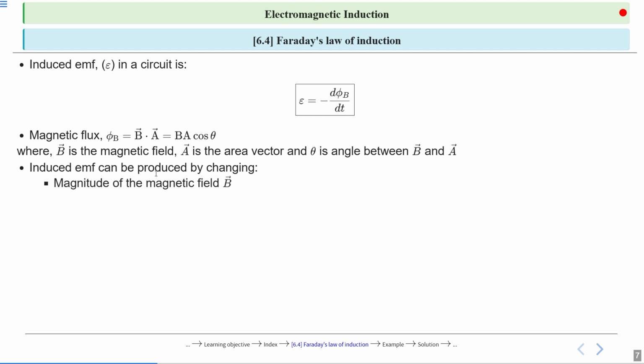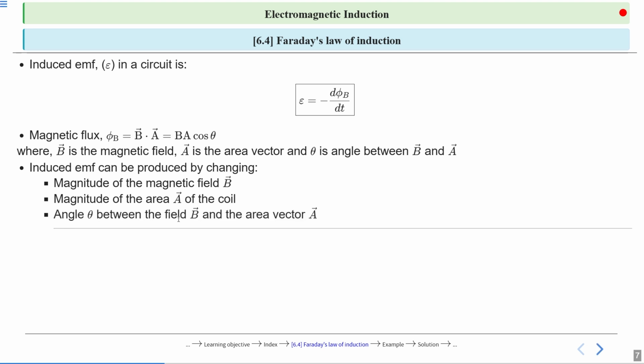So induced EMF can be produced by changing the magnitude of magnetic field B, or the magnitude of area A vector of the coil, or the angle theta between the field B vector and area vector A. This angle theta changing means changing the orientation. So this is the principle of the AC generator.